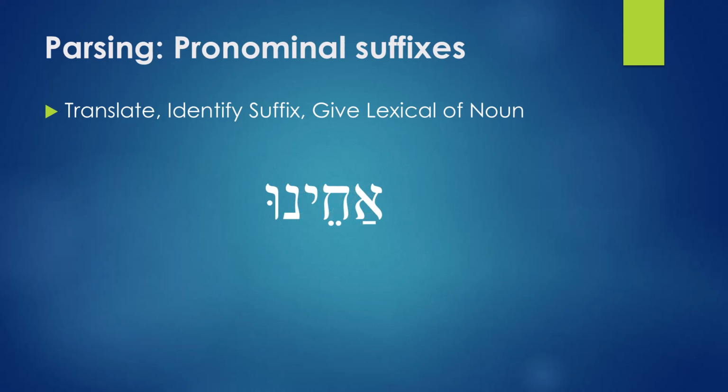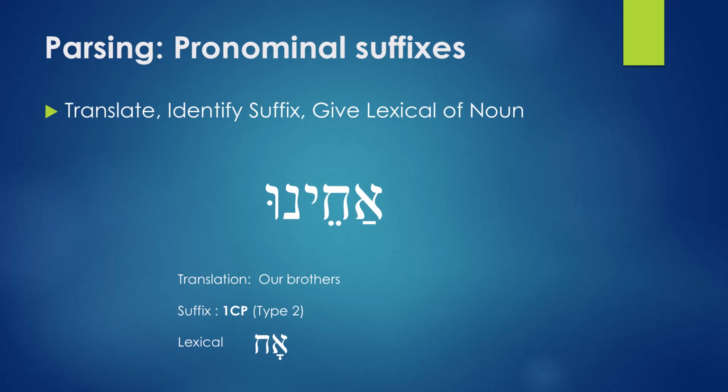Next word you have acheinu. Can you try to parse that? You can pause the video to try. Alright, here's the parsing. Acheinu, because of that tsere yod, is type 2. And because of the nu, it's first person common plural.